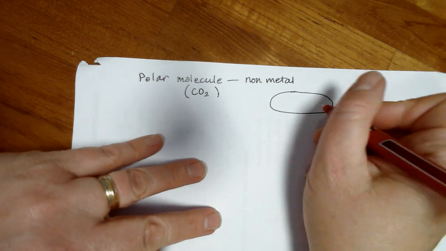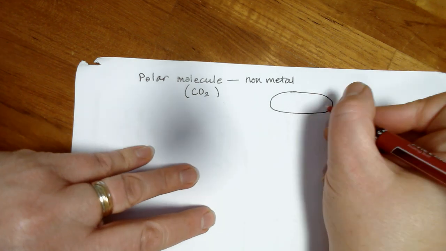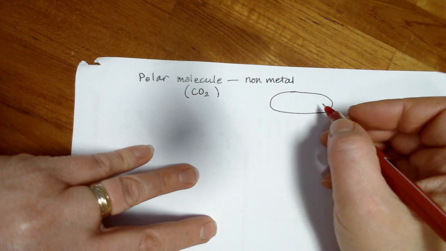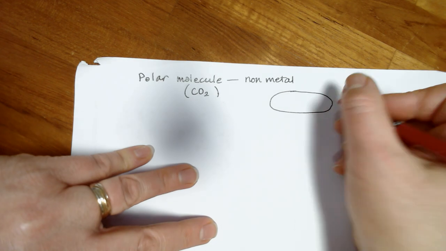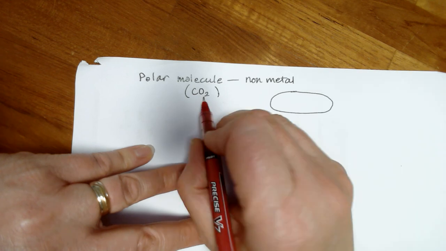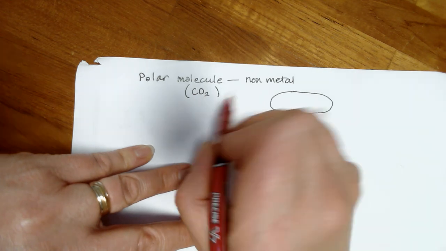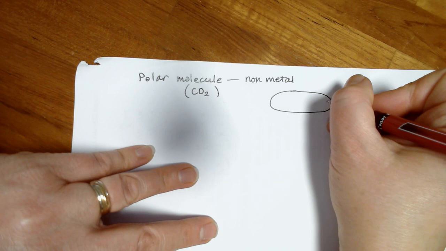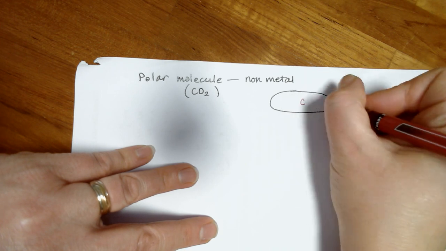So if you don't remember that right now, don't worry, I'm going to go through it in another video. So remember that because the oxygens pull more strongly on the bond than the carbon, oxygen is more electronegative than carbon. The oxygens are out on the sides and the carbon is in the middle.